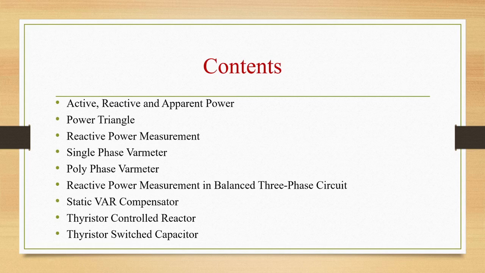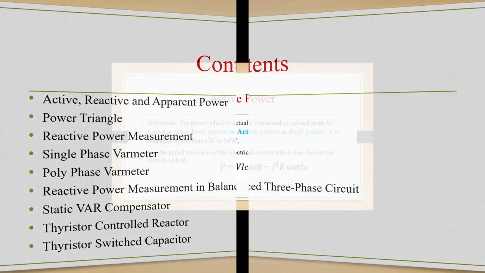Then reactive power measurement can be done by single phase VAR meter and polyphase VAR meter, and we have also seen reactive power measurement in a balanced three phase circuit. Then we have seen the static VAR compensator. It has two types, thyristor controlled reactor and thyristor switched capacitor. So we have seen what these two are and where they are used.